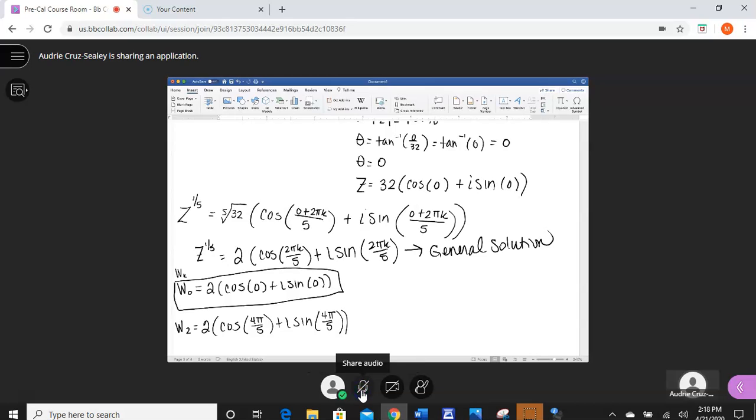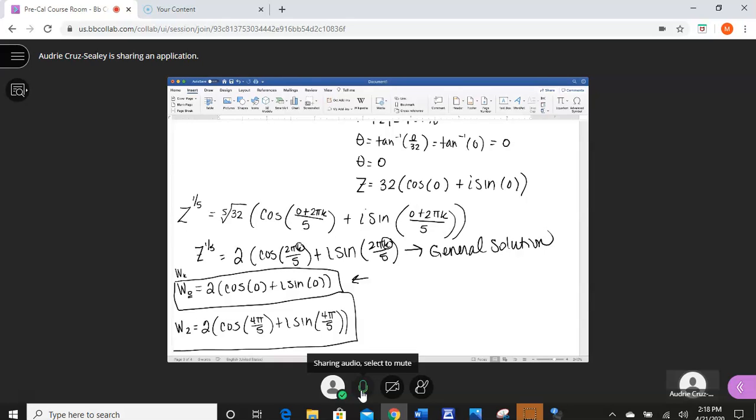Where did what come from? Okay, this is the general solution. Look where it says general solution. So if I ask you for a particular solution, I'm going to use W sub k. Notice how here k is 0, so I substituted 0 in for k. Simplified, I got this answer.